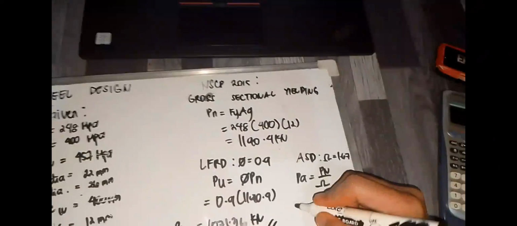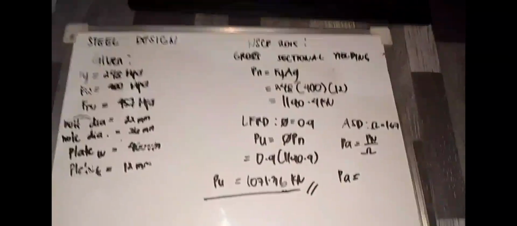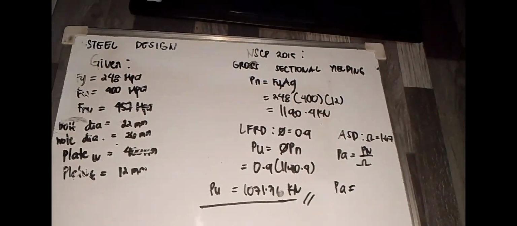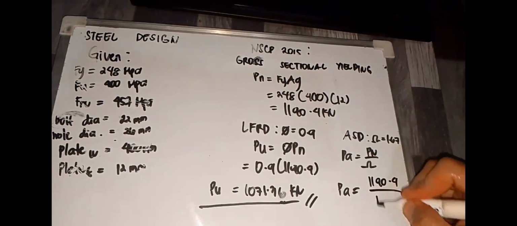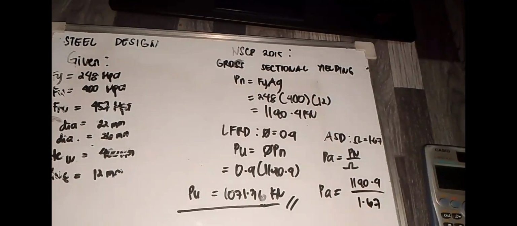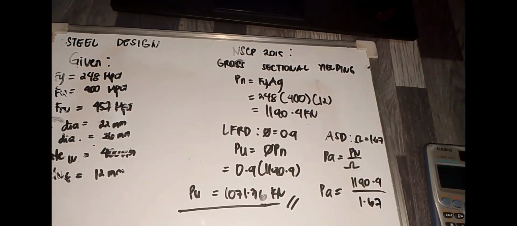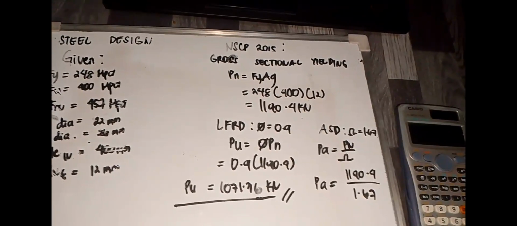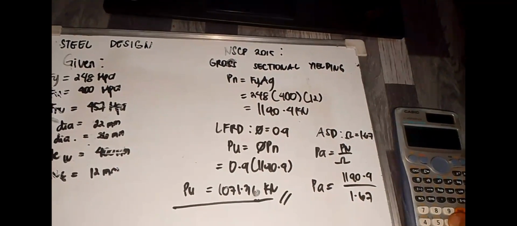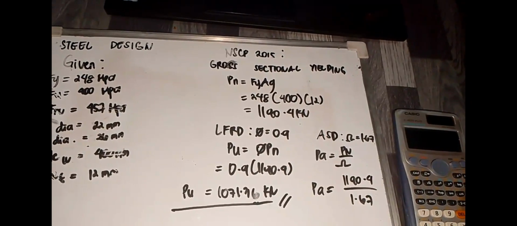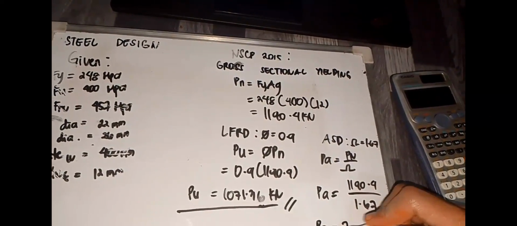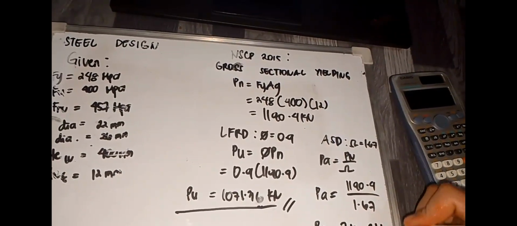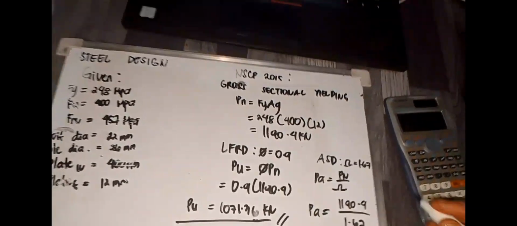Our Pa is 1190.4 over 1.67. So compute, the answer is 712.81 kilonewton.